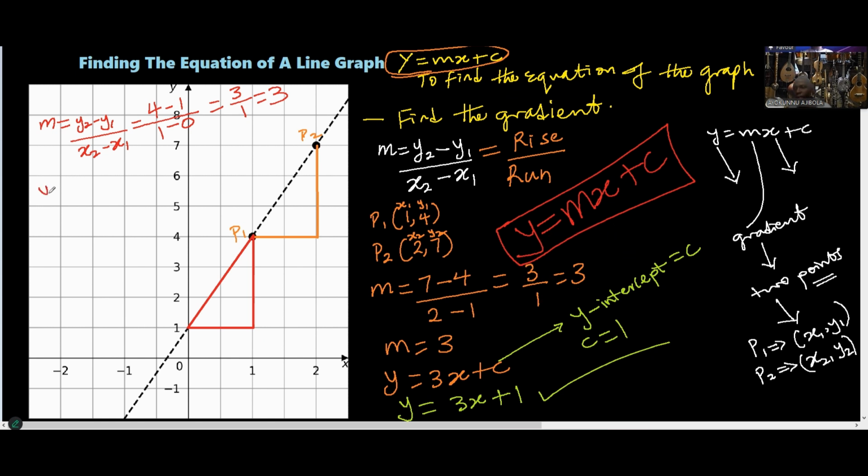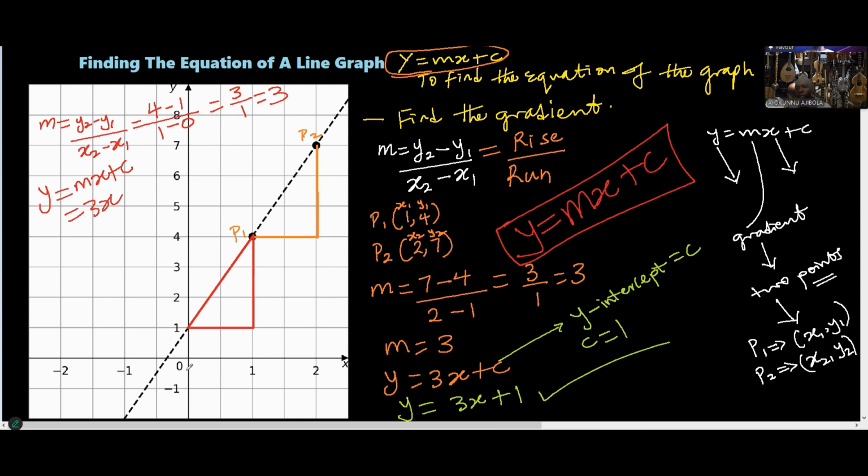So we write the equation of a straight line, y equals mx plus c. Then we say 3x because we got 3, right? If it crosses at 0, then we write plus 0, which means y is just 3x and there's no need of 0.